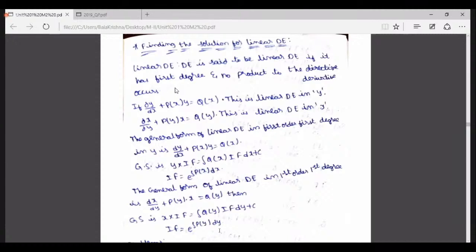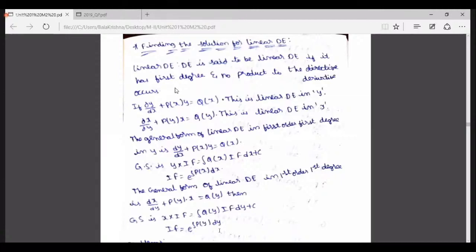So the general forms of linear differential equation are given in two formats. One is in y, one is in x. That is dy by dx plus a function in terms of x into y is equal to a function in terms of x, which you will call a linear differential equation in y.